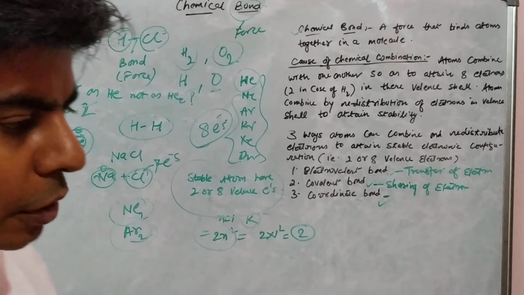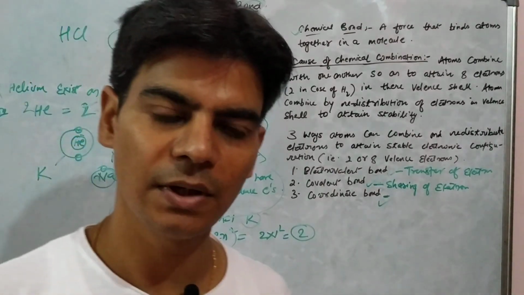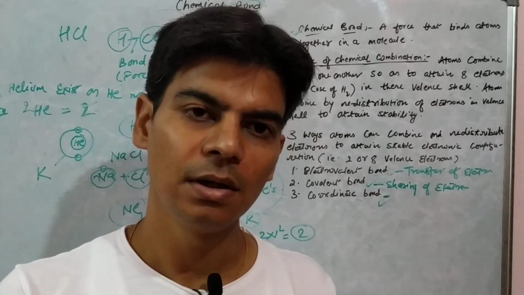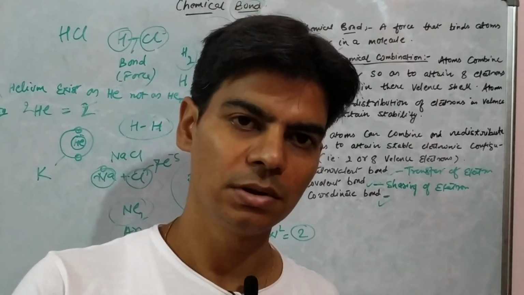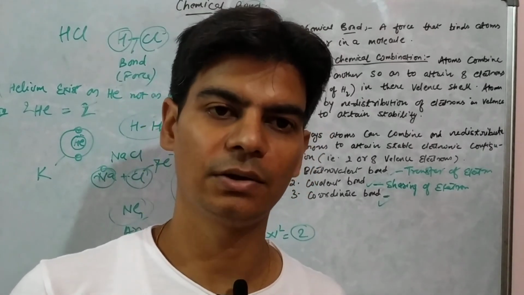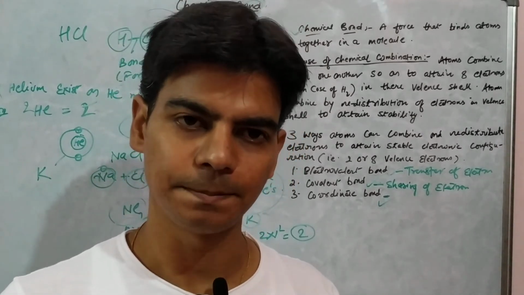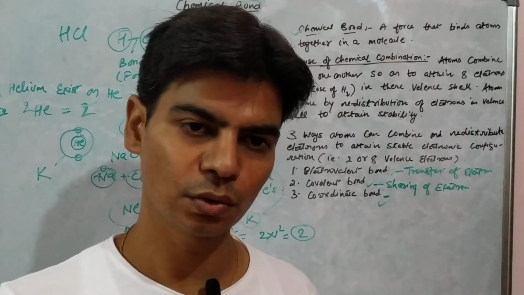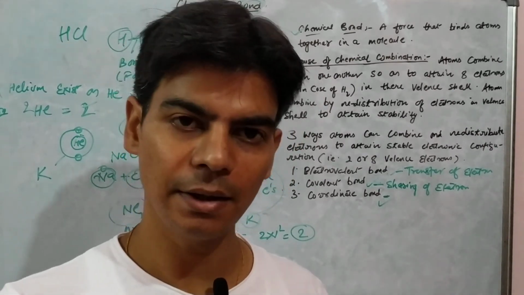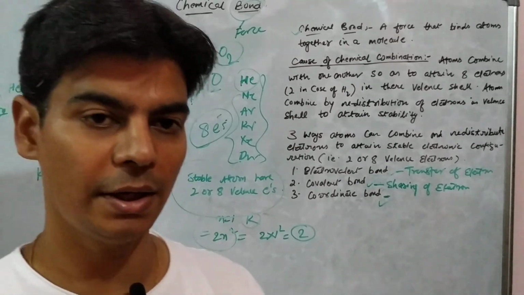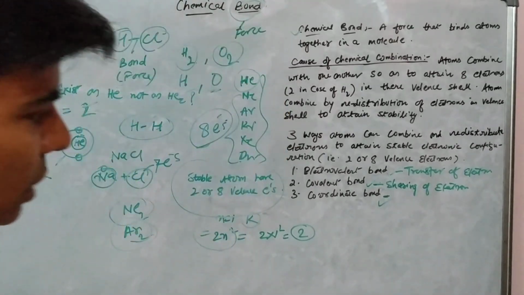So in case of coordinate bond, when two atoms combine, one of the combining atoms will transfer its lone pair of electrons to another atom. Lone pair of electrons means a pair of electrons it will transfer to another atom, right, so as to complete 2 or 8 electrons in the outermost shell.